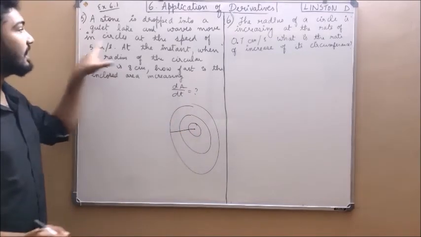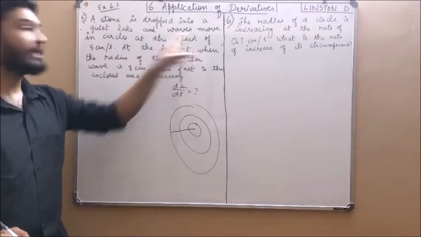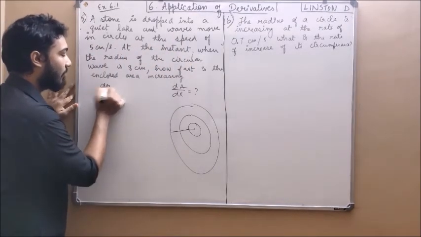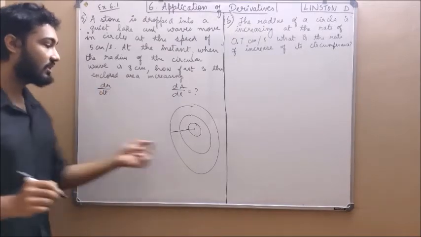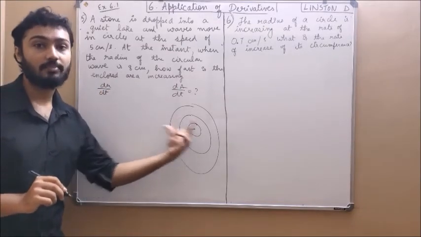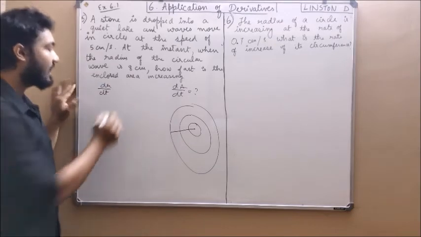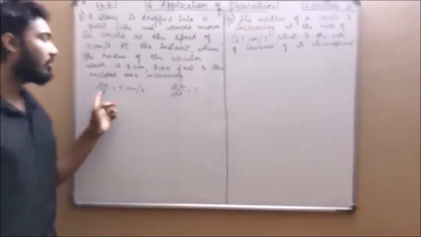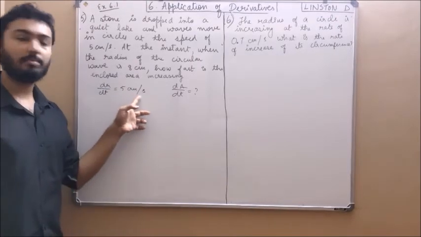They have given circles at the speed of 5 cm per second. So it is nothing but dr by dt, because the radius is expanding with respect to time. dr by dt is given as 5 cm per second.